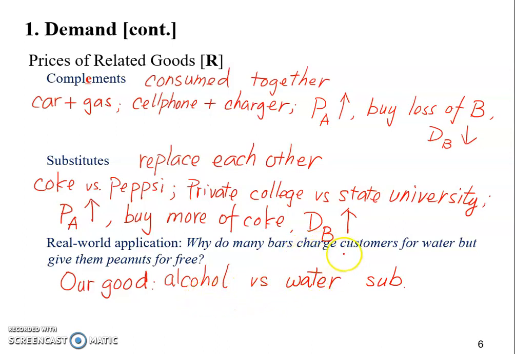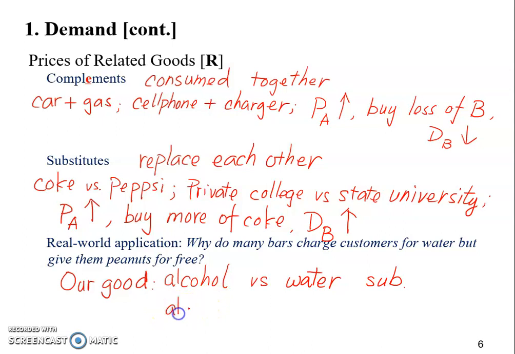That's why they want to charge customers for water, because they don't want you to drink much water. Okay, so these are the substitutes. When they charge you for water, the price of water goes up, so the demand for alcohol will go up. Okay, people are more likely to buy alcohol.